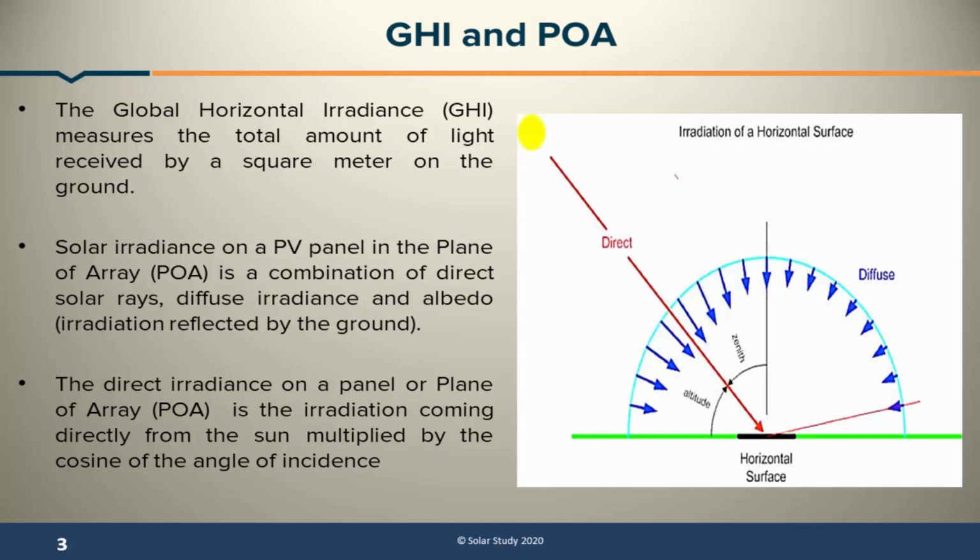Okay, so in this image, this black area indicates 1 square meter. Whatever radiation is incident on this 1 square meter is called GHI. Then the angle of incidence, that is the altitude given here, is called the angle of incidence. Using this angle of incidence we can calculate the plane of array.